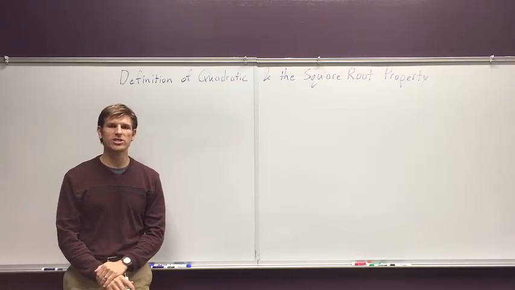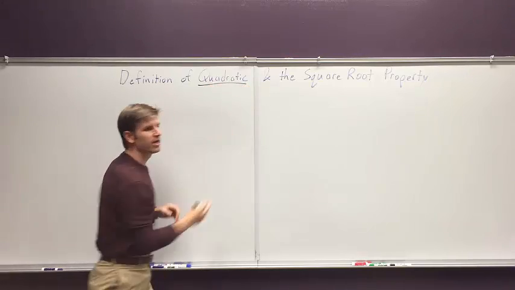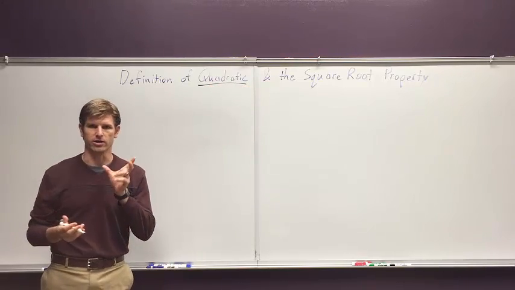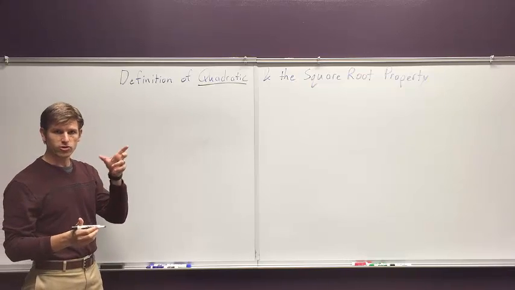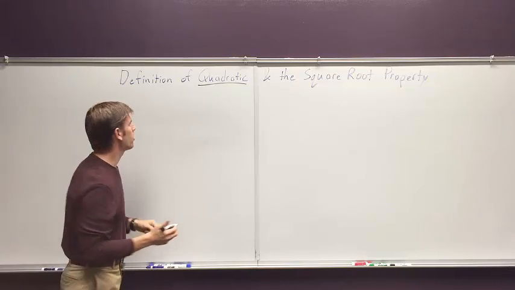We say that an equation is quadratic if the equation can be rewritten in terms of an x squared term, an x term, and a constant.